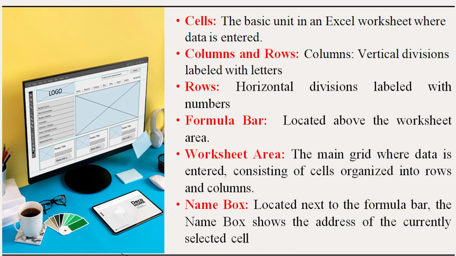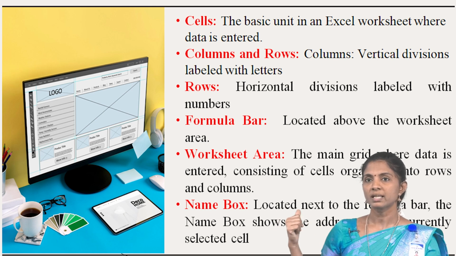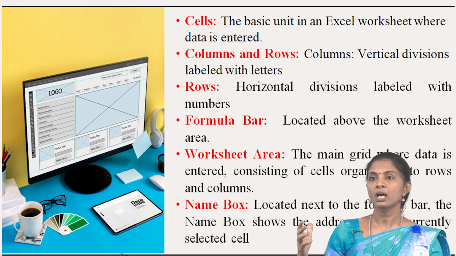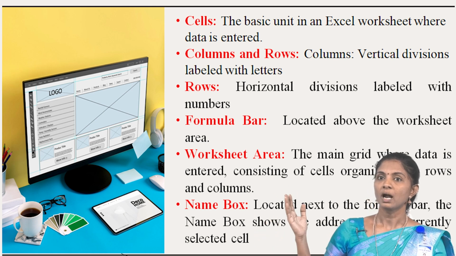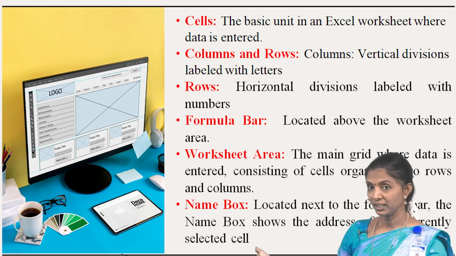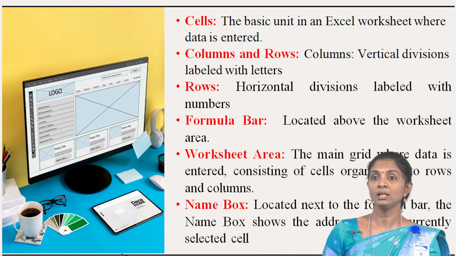The main grid where data is entered, consisting of cells organized into rows and columns. Each Excel file contains one or more worksheets with tabs at the bottom for switching between them. These are collectively known as the workbook.